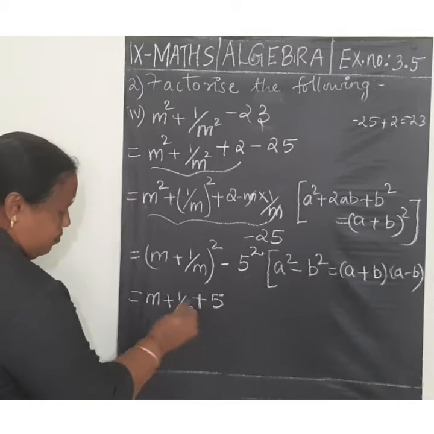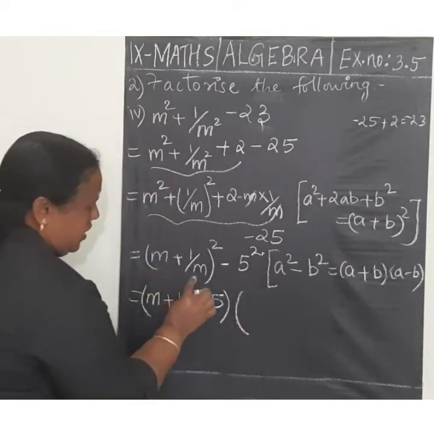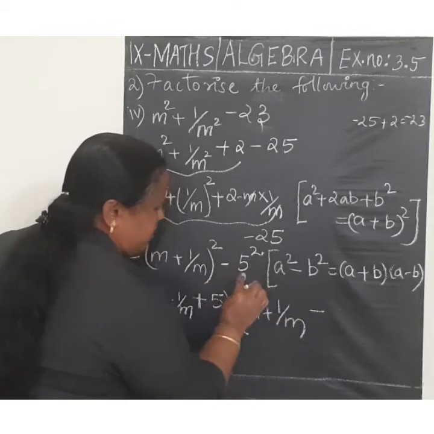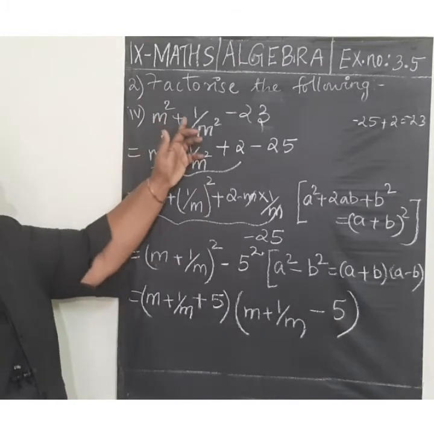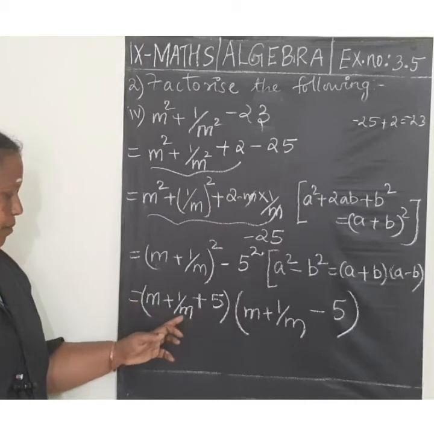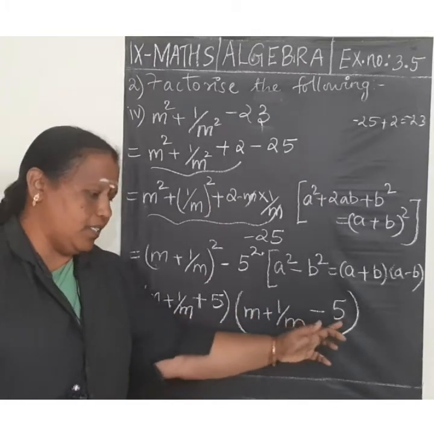So a plus b into a minus b: m plus 1 by m plus 5, into m plus 1 by m minus 5. So we factorize m squared plus 1 by m squared minus 23 as m plus 1 by m plus 5 into m plus 1 by m minus 5.